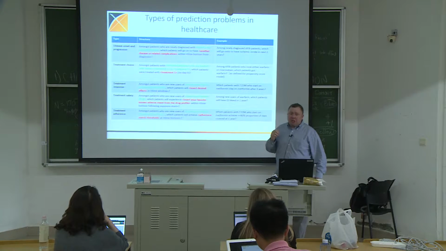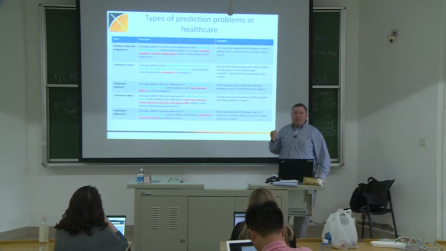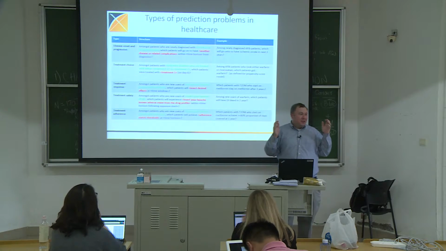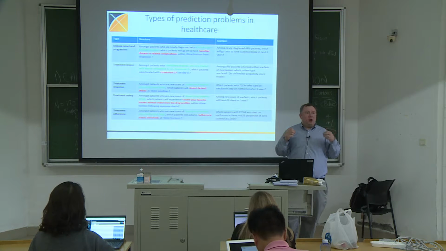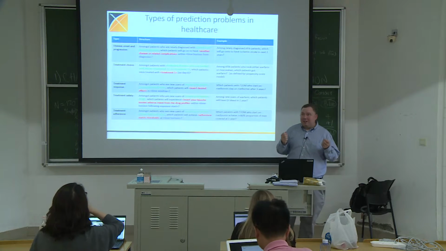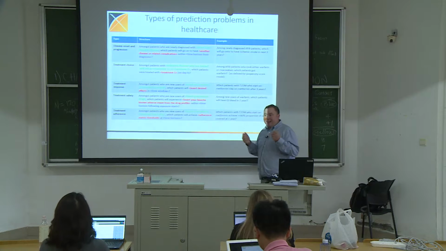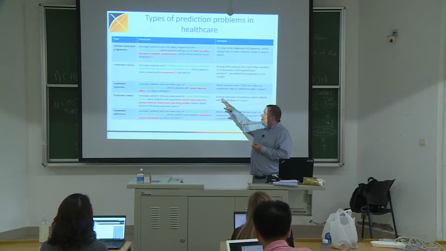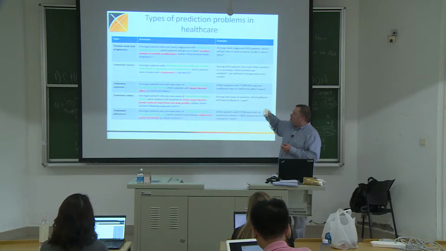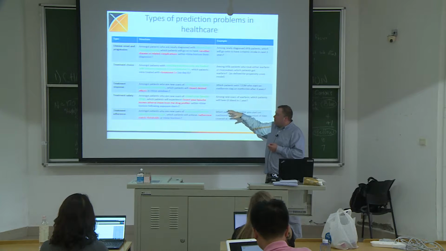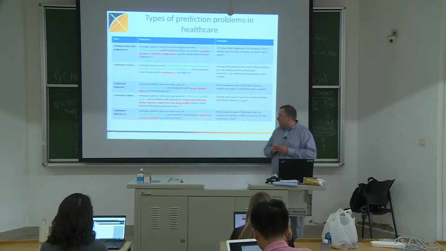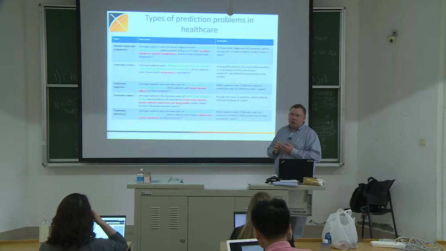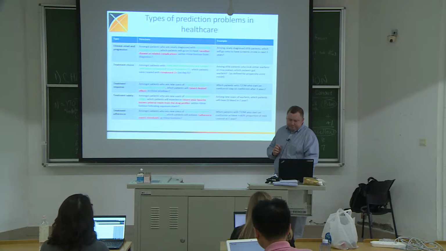The reason I'm sharing these with you is because I want to provide you a template that you can follow to think about how you can write your own prediction question simply by filling in the blanks for the prediction problem. So the areas are disease onset and progression, treatment choice, treatment response, treatment safety, and treatment adherence. But I'm going to walk through each of these one at a time so that you can really take some time to think about it.